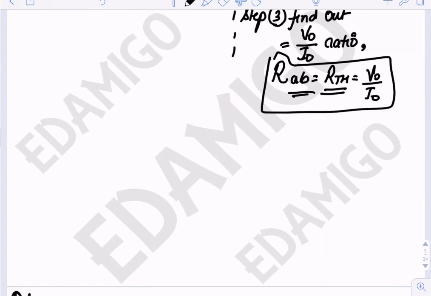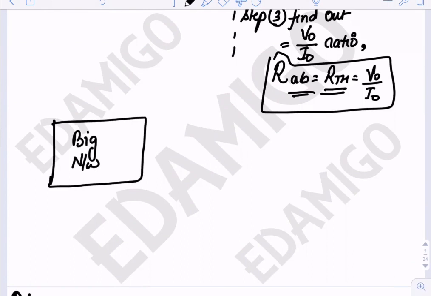So using this, we can easily convert any big network between terminals A and B into this combination.